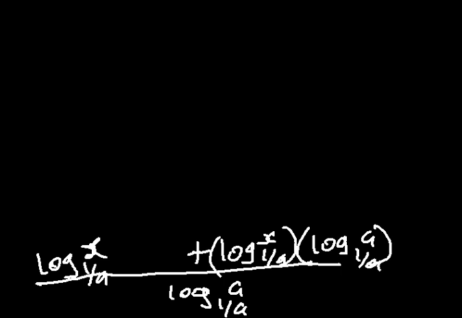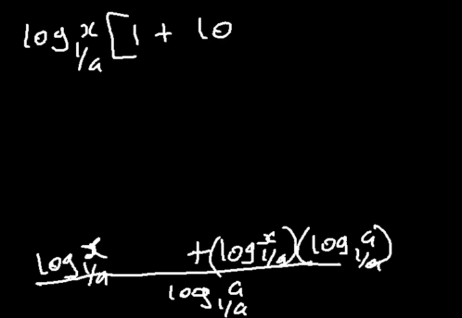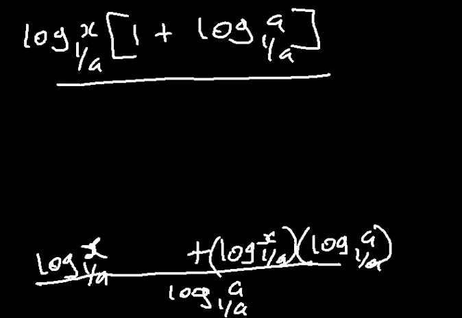We have log base 1 over a of x, and times 1 plus log base 1 over a of a, which is divided by log base 1 over a of a. So what will go next?